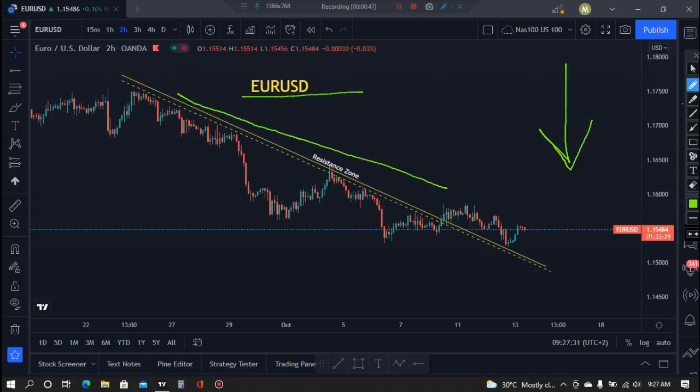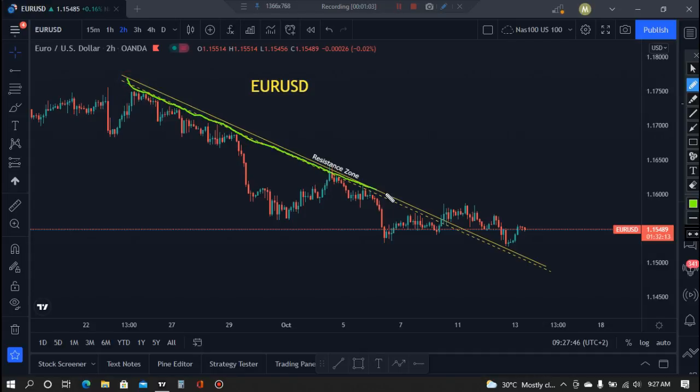So I can see that USD is still very strong, but there's something very interesting here, and sometimes this can confuse so many people. Look, the market is actually going down, and the market was respecting this area.